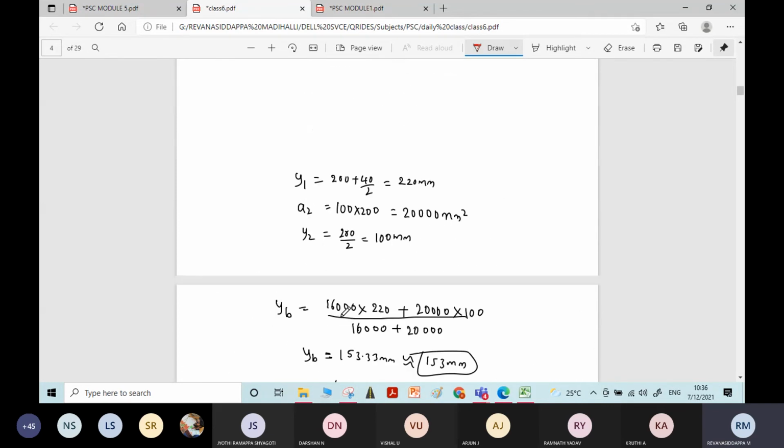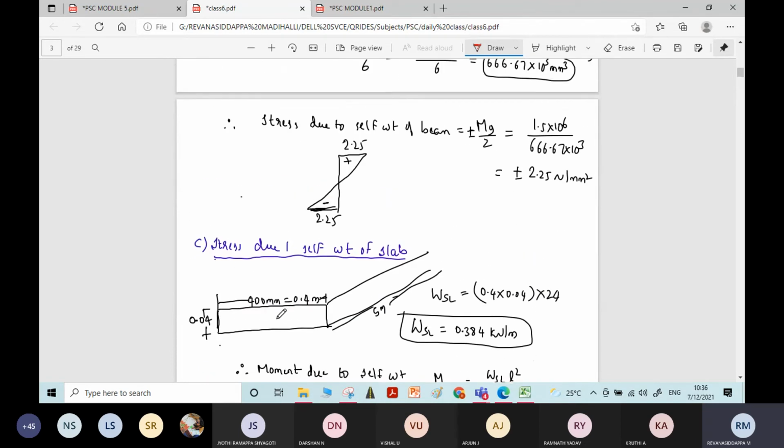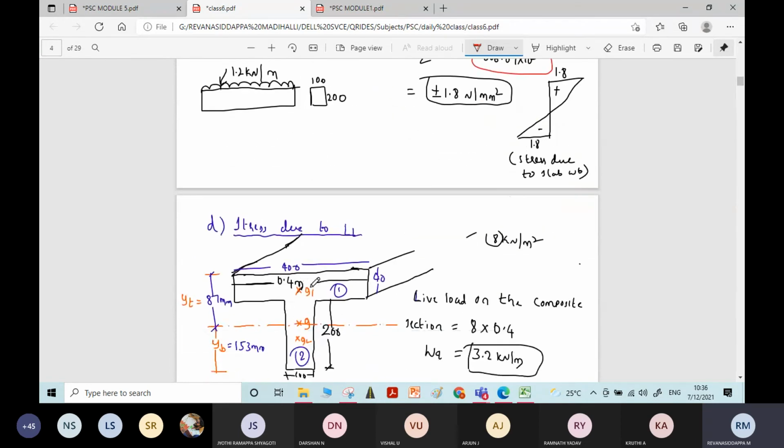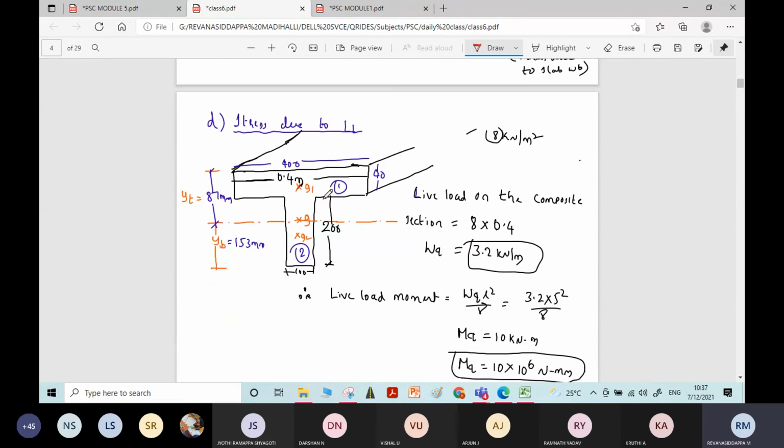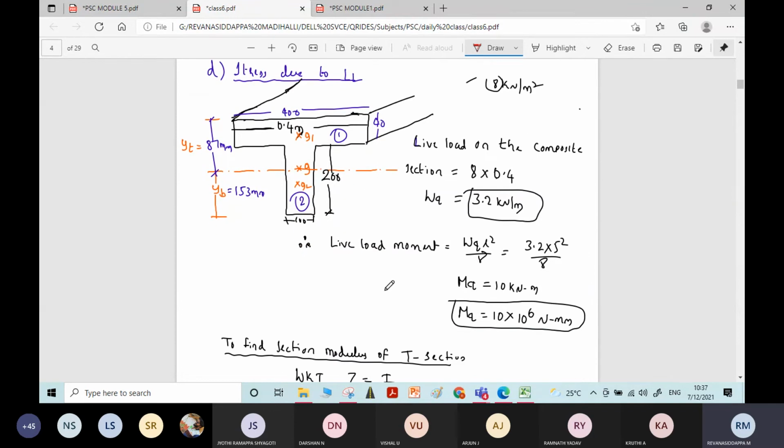Why? Because in case of unproper construction, the self weight of the slab will act as dead load on the beam. So section modulus with respect to the cross section of the beam we have taken. But in case of proper construction, it will act as a whole, as a monolithic T beam.